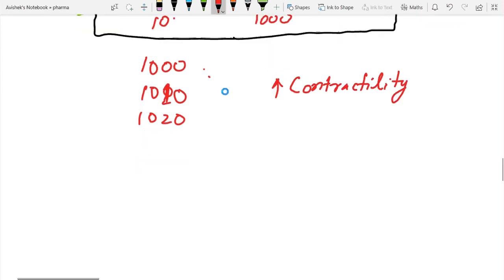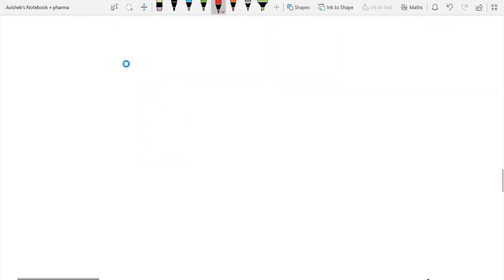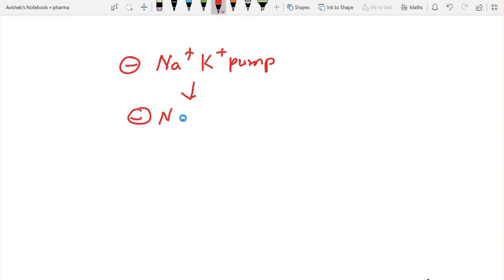So what are the mechanisms by which it is increasing? First they will block the sodium potassium pump. Second, they will block the sodium calcium exchanger.